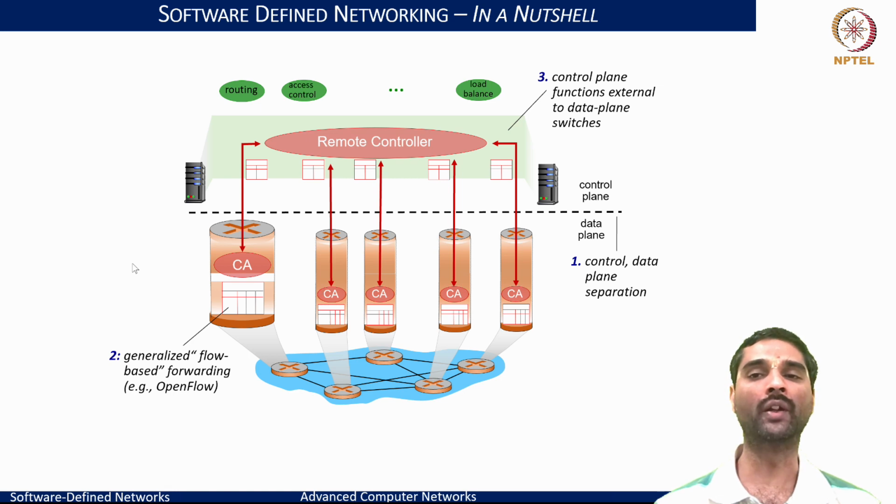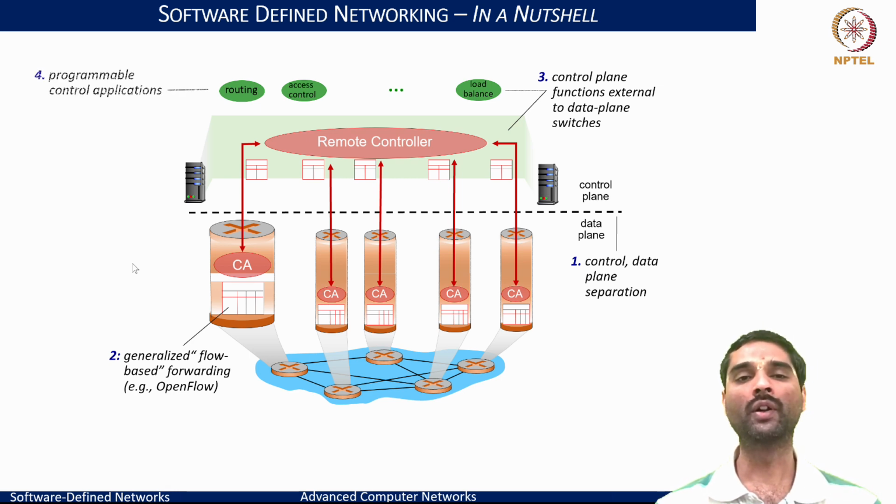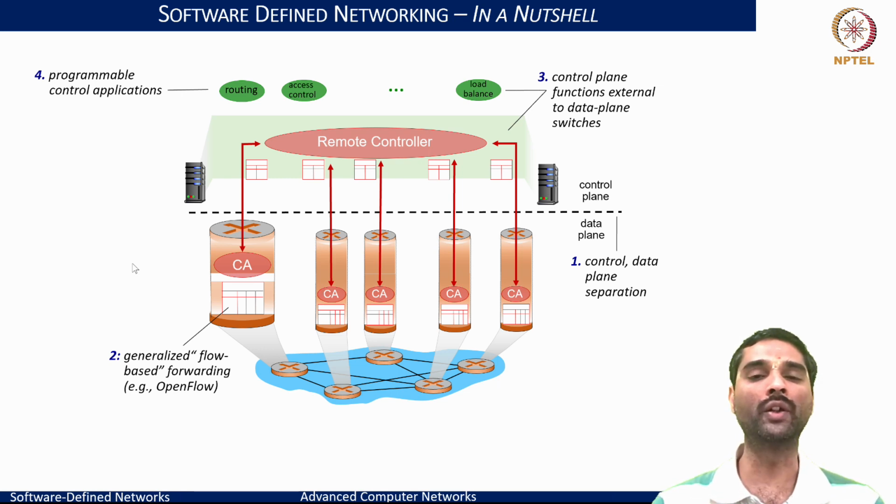That means they can be run on commodity hardware now. And more importantly, because the control functions can be run on our regular machines, the control applications become programmable, in the sense that every individual can now program and control the way the routers behave and dictate much more easily what objectives need to be achieved.